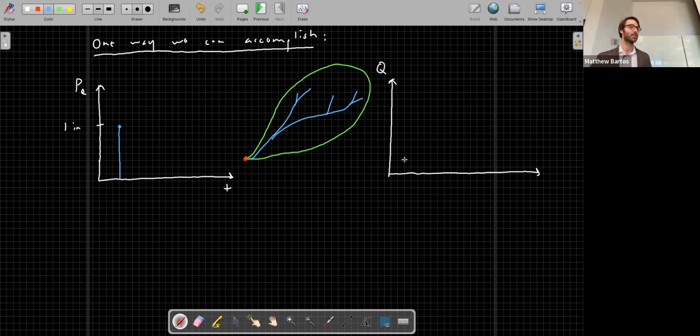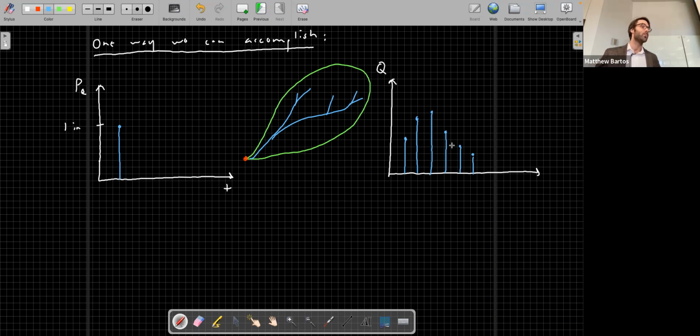And maybe that response will look something like this. So this is the response of the watershed to a unit impulse of rainfall. It's equivalent to the travel time distribution or approximate travel time distribution within the watershed.